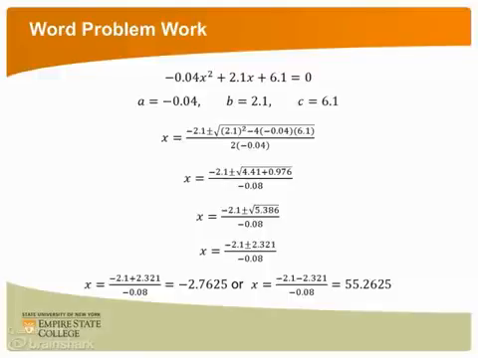Only the positive answer makes any sense. The negative option is what happens if the shot putter drops the ball and it goes backwards. The correct distance of the throw is a little bit more than 55 feet 3 inches.